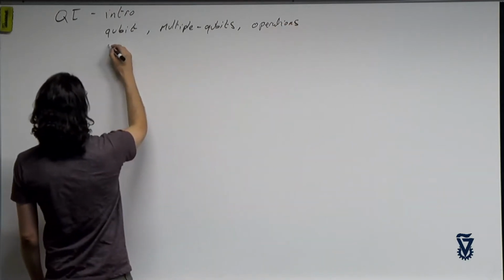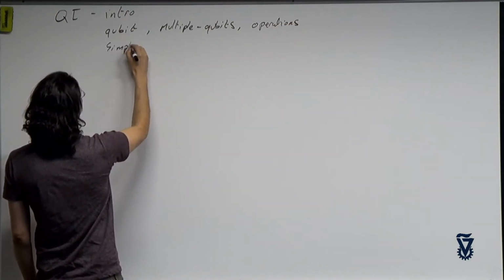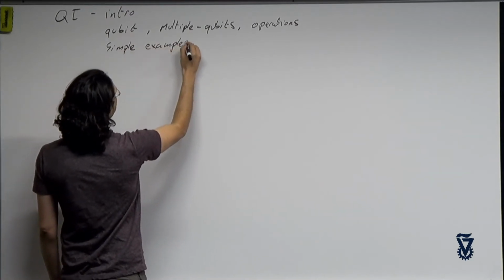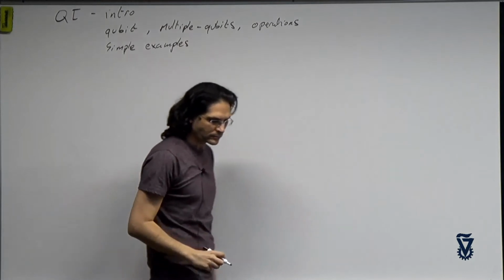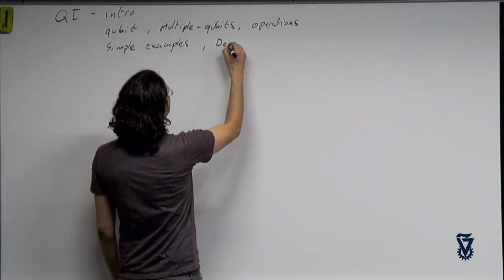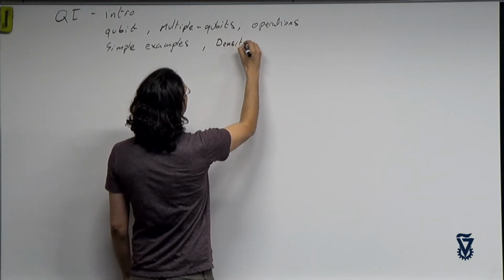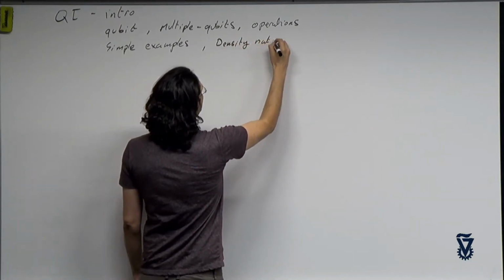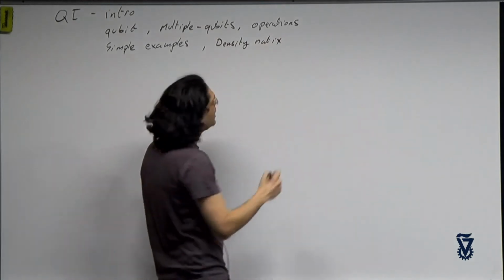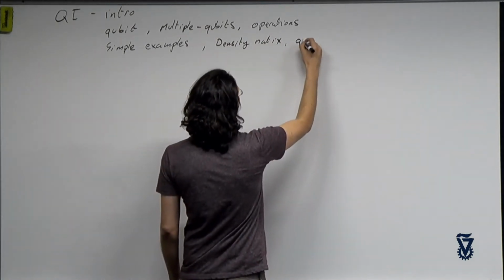We're going to look at all kinds of simple examples. Maybe show a simple algorithm. And then we're going to talk about the density matrix, which is useful for describing ensembles of qubits. And then we're going to talk a little bit about quantum measurement.